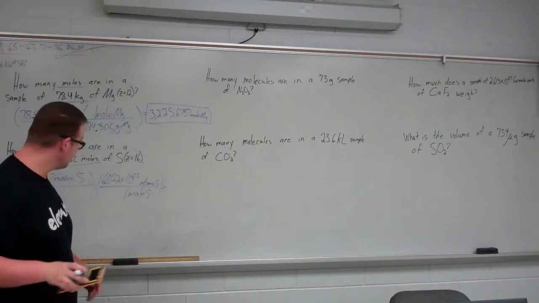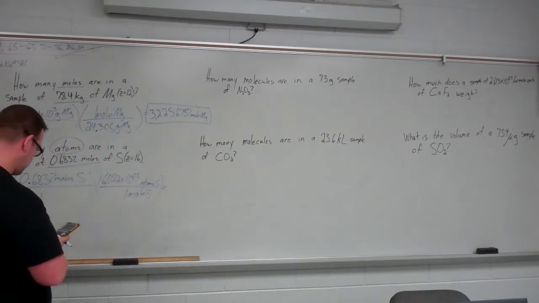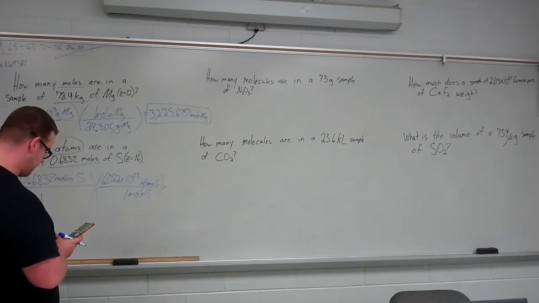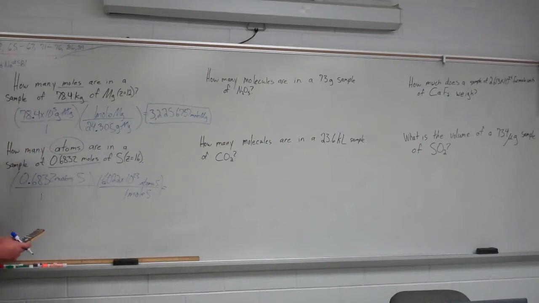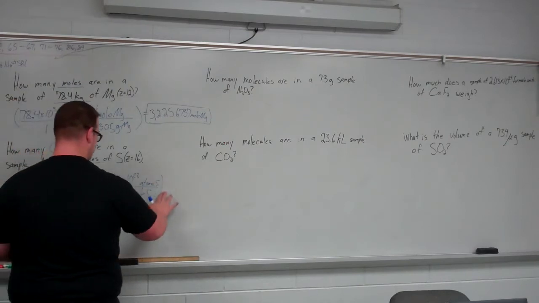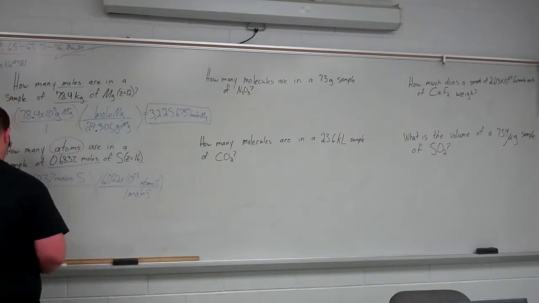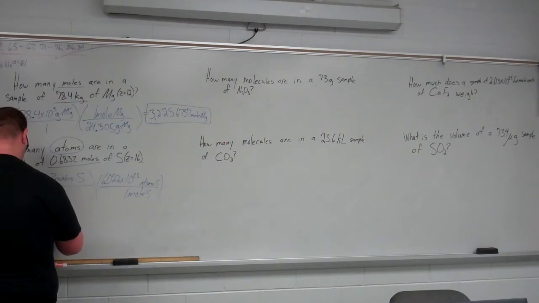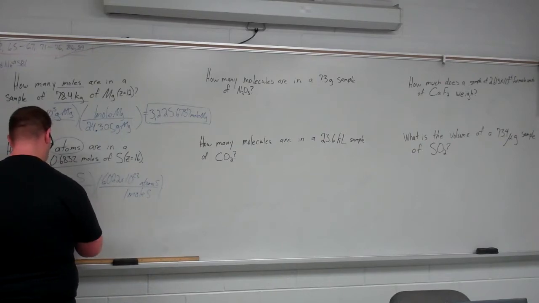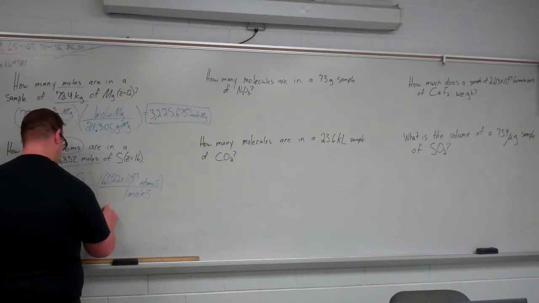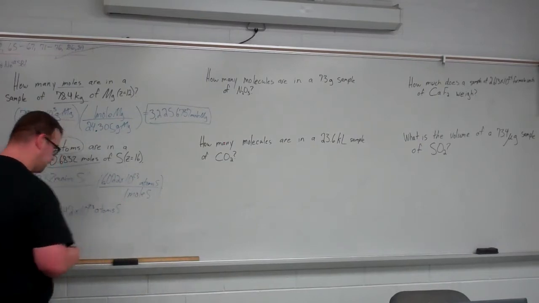We find out what that'll be equal to: 0.6832 times 6.022 times 10 to the 23, and that'll be equal to 4.1142 times 10 to the 23rd atoms of sulfur.